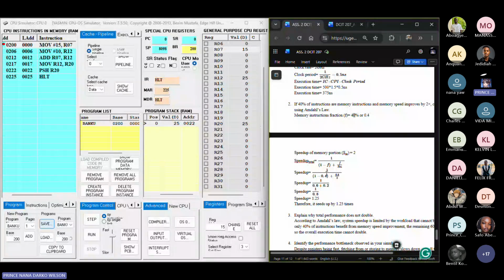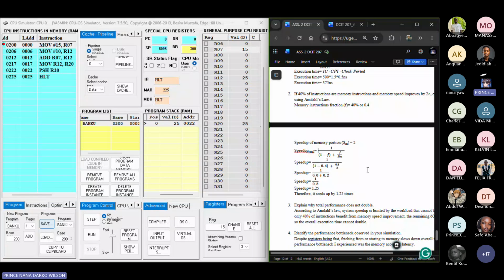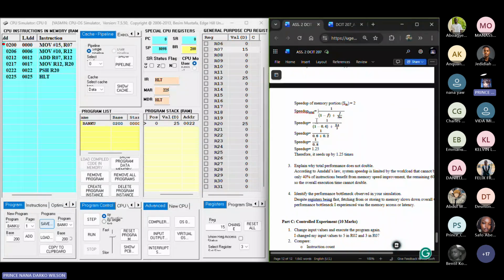Sm represents the memory speedup, how fast the memory has sped up. According to the question, it was sped up by 2 times. So you do 1 divided by 0.6 plus 0.4 divided by 2. After you compute that, you get 1.25. This means that the overall speedup is 1.25 times.